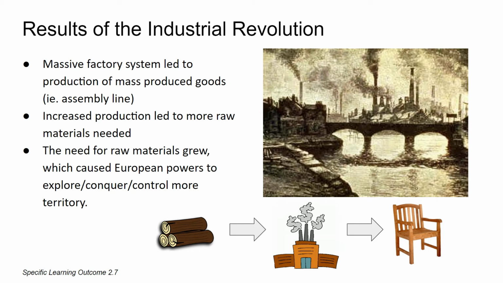More raw materials led to more production. More production of goods led to more manufactured goods for everyone. So it's a whole big flow chart of how each of these things became products.